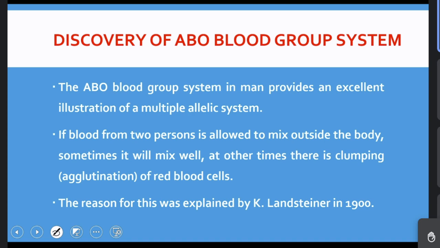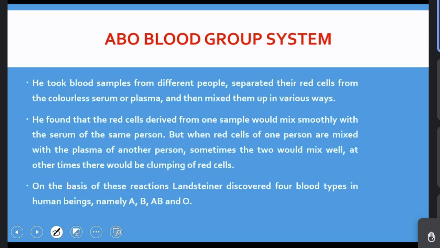Coming to how the ABO blood group system was discovered by Karl Landsteiner. Because he happened to be a doctor cum scientist, what he observed is, he took blood samples from different people, separated the red cells from the colorless serum or plasma, and then mixed them up in various ways.